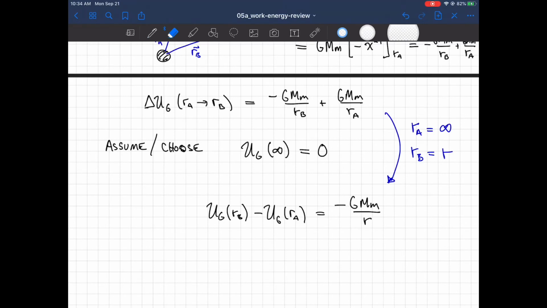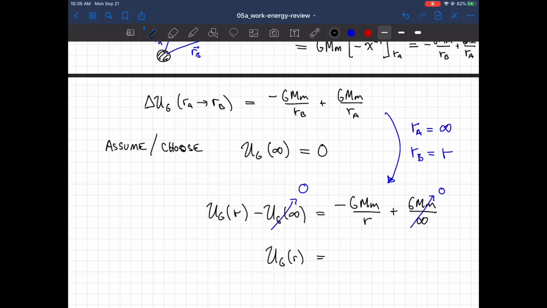I guess I should have called this final R, and this is infinity, initial. So what happens? Anything over infinity goes to 0. We assumed that the potential energy when they're infinitely separated is equal to 0, and so we get that UG of R is equal to minus GMM over little r.